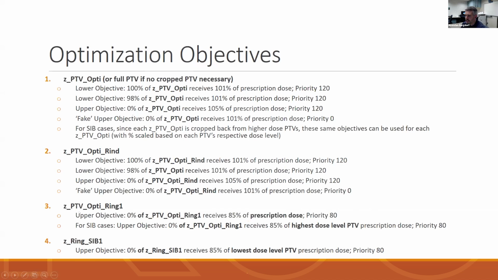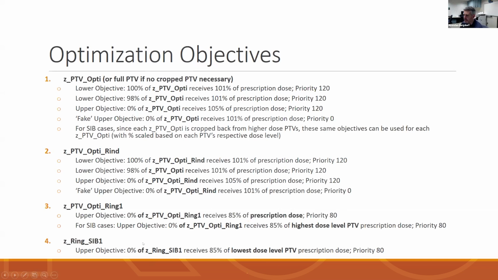And then for our ring structures, for the ZPTV opti ring 1, we'll just have a single upper objective, which will be 0% of this structure receives 85% of the prescription dose. And if you have multiple PTV cases, this will have 0% of this structure will receive 85% of the highest dose level PTV. And the priority we use for this structure is 80. And then if you have a multiple PTV case and you create a Z ring SIB1, 0% of that Z ring SIB1 will receive 85% of the lowest dose level PTV with the priority of 80.